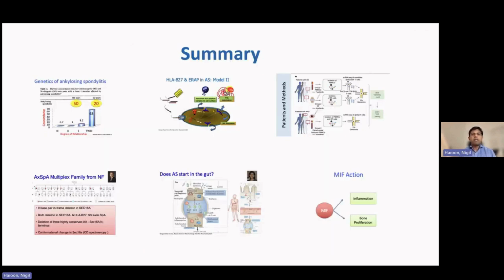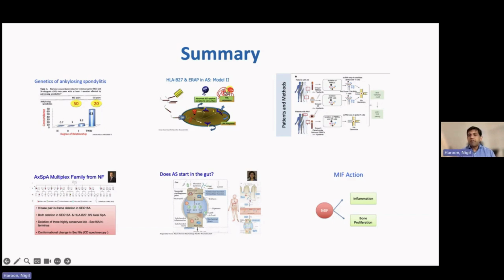So to summarize the pathogenesis side of things, I've not covered everything in the interest of time. Just talked about the familial concordance of disease, the twin studies, the family studies, the role of HLA-B27, the non-B27 genes that have been discovered, which all have small contributions, but together they may be massive.